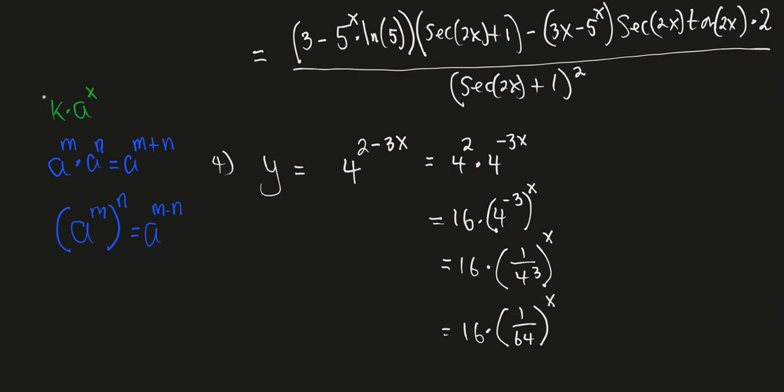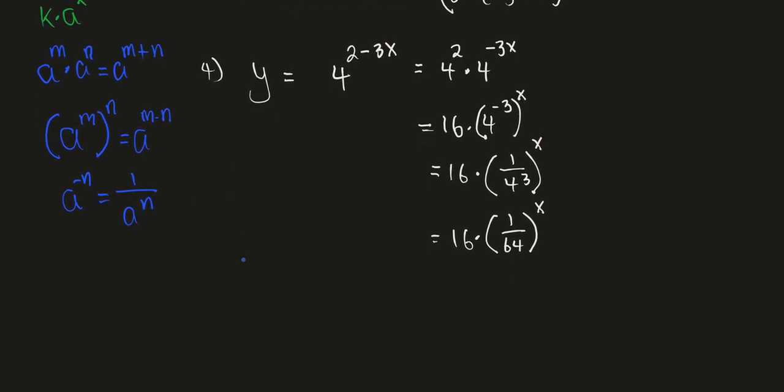So that's how we're able to rewrite this exponential function as a relatively simpler looking exponential function, right? And all of this is due to properties of exponents. I guess I should list the other one that I used here, going from this step to this step. A to the negative n is 1 over a to the n, right? So this is all algebra.